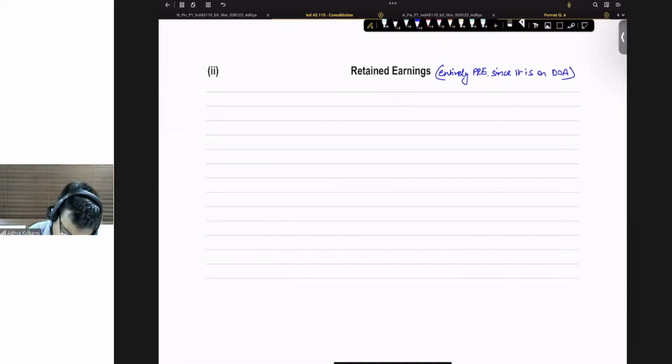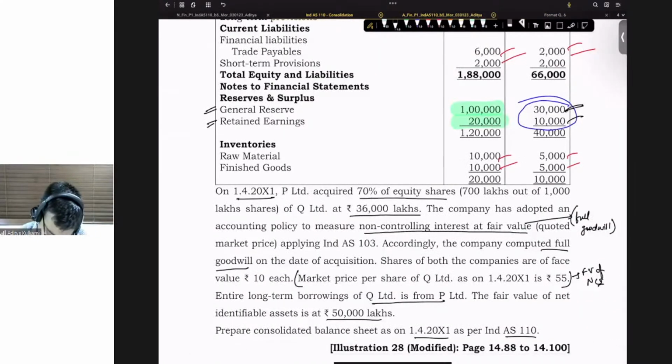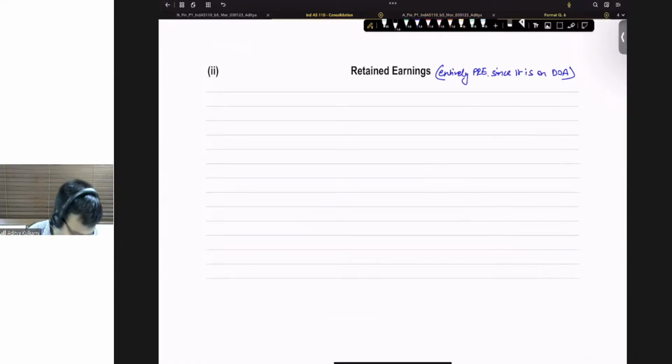What is the balance? The balance is 10,000, as per balance sheet of Q Limited.